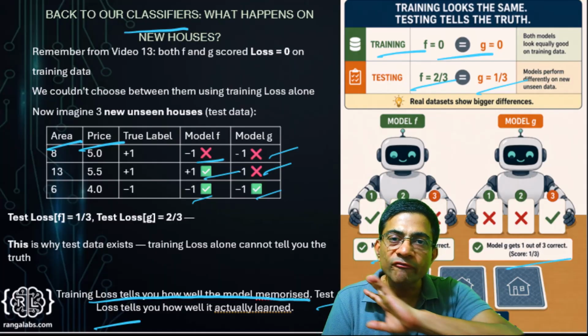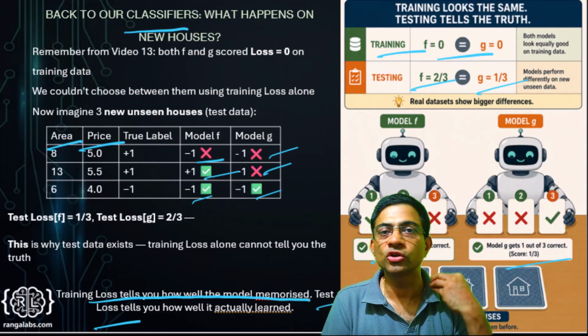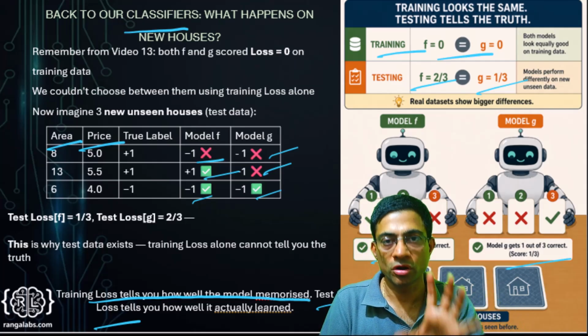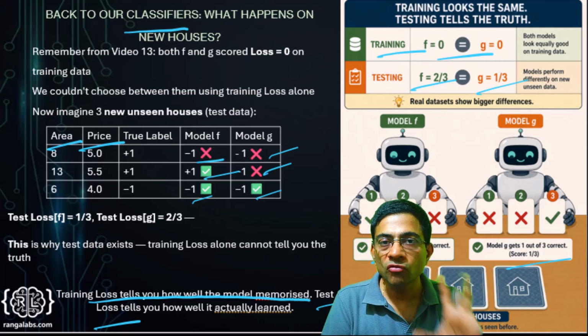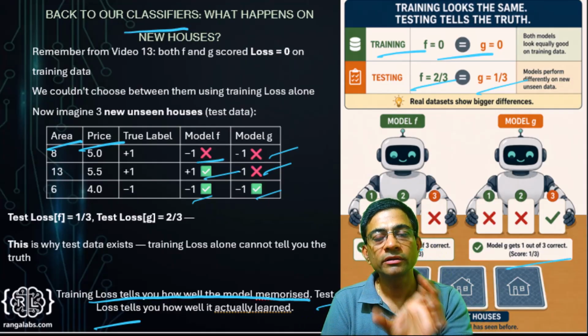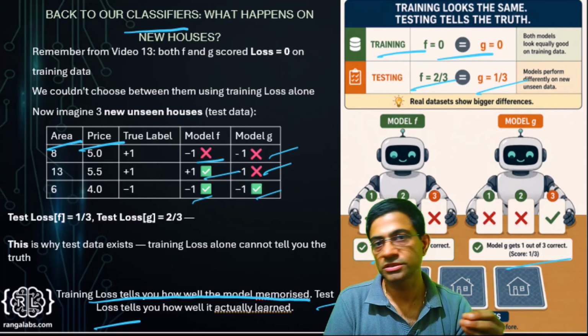In every machine learning system in the real world, be it Google or your HDFC Bank or any kind of big organization, they always divide their data into these three buckets and then get the perfect models for their business or systems.